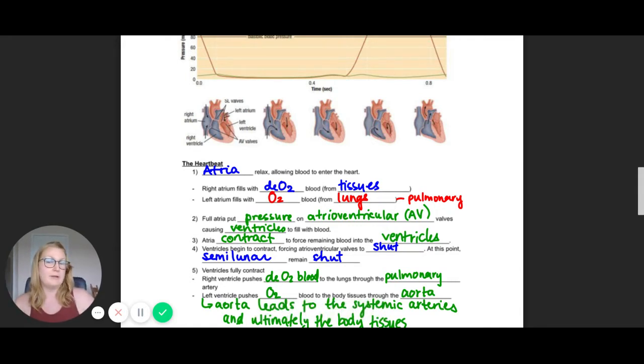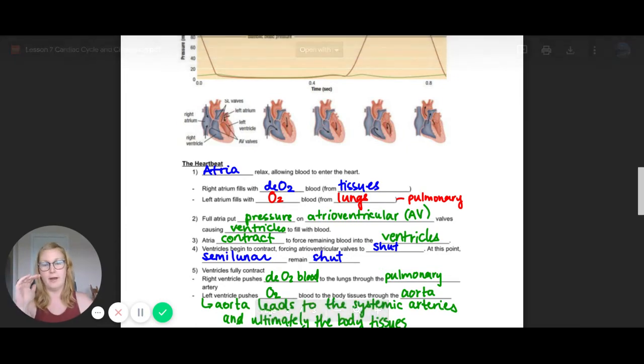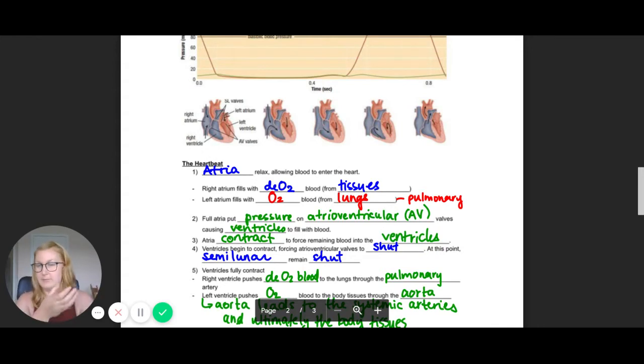Now, before moving on to the ventricle contraction, we actually do have some myogenic muscle around the atria. They're going to contract and basically force that little remaining blood that's in there into the ventricles. From that point, the ventricles will begin their contraction. They will shut those AV valves, as I mentioned, and we hear that actually as a heart sound. I'm going to mention that really soon. These semilunar valves remain shut until the end of the heartbeat now.